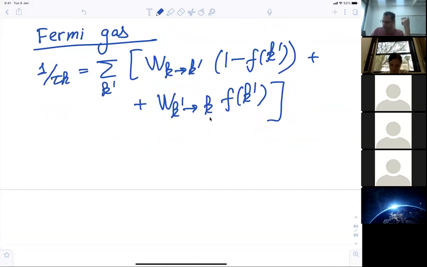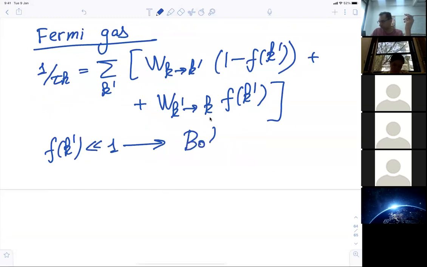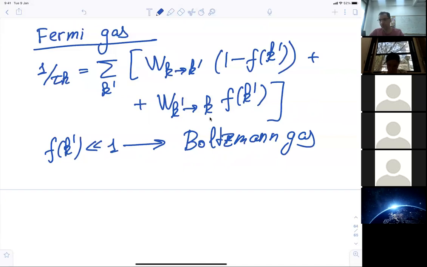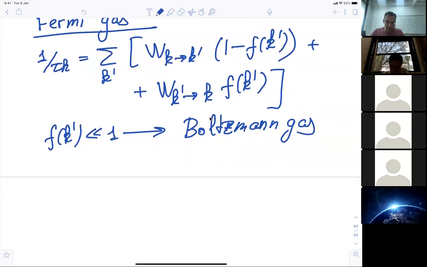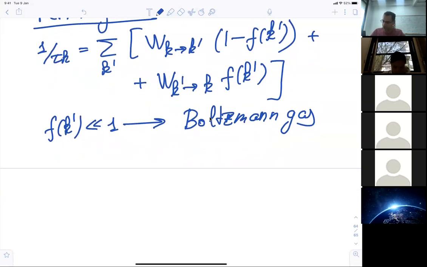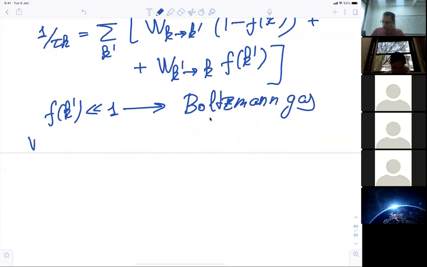So in the limit f of k prime much smaller than 1, we would go back to the Boltzmann gas. And we are using the same value of the matrix element for emission and absorption.